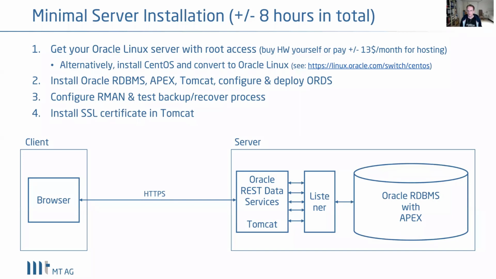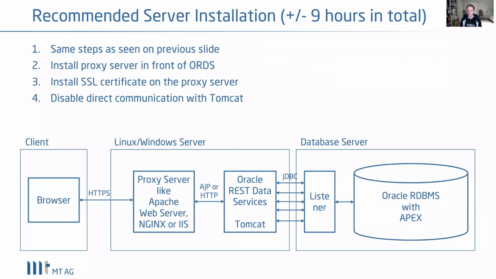But in the end, I see most of the customers doing this kind of scenario. But this is not including high availability. This is not including disaster recovery. This is not including security topics. So internet-facing architectures. But in a standard internal environment, I would definitely say this is the way to go.